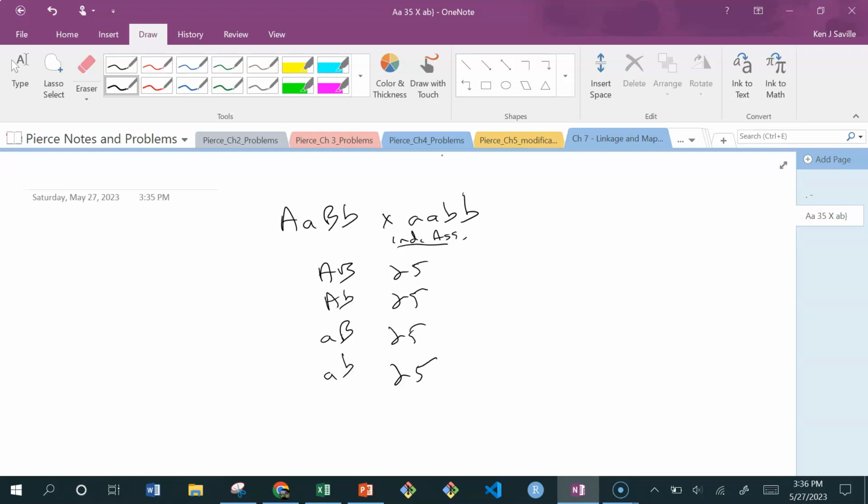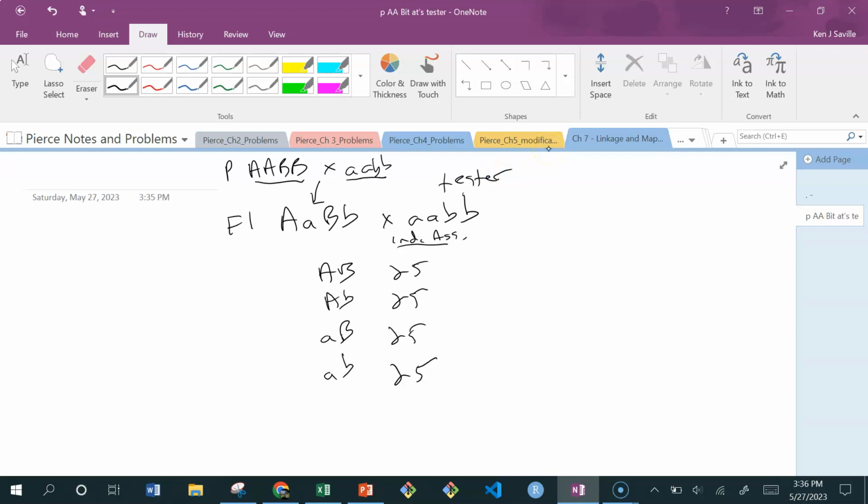Now, the classic way to do this: remember there's two ways to get to here. Let's say we did it this way. We took these and crossed them to get this. This is our parental generation. This is the F1. And then we're doing a test cross instead of a dihybrid cross.